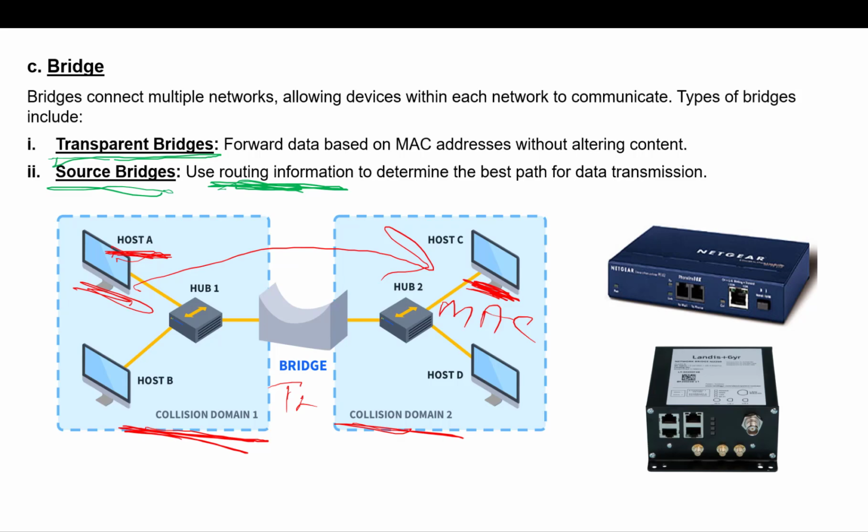So if they use a transparent bridge, you will see it uses the MAC address to deliver the message. It is the same when D communicates to B with a transparent bridge: it uses the MAC address of B, the personal number stored at the bridge.